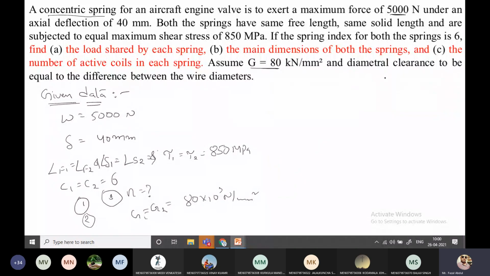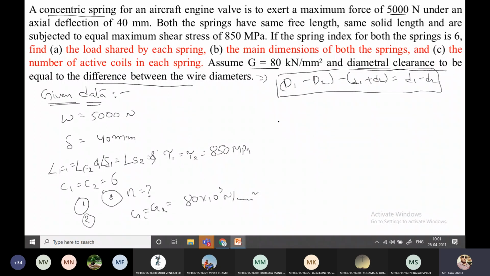And the diametral clearance is to be equal to the difference between the two wires. So I am writing diametral clearance: D1 minus D2 minus d1 plus d2 equals d1 minus d2. That is the meaning: the diametral clearance equals the diametral difference between the spring wires. Remember this.